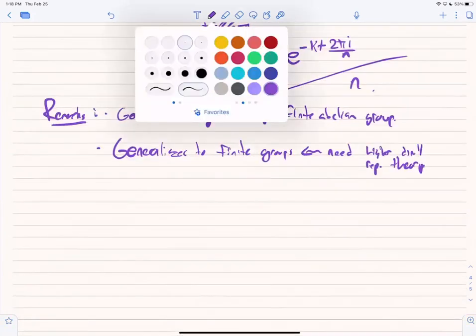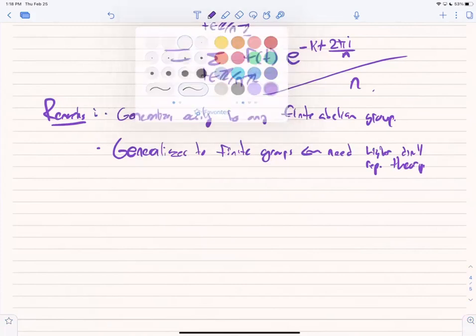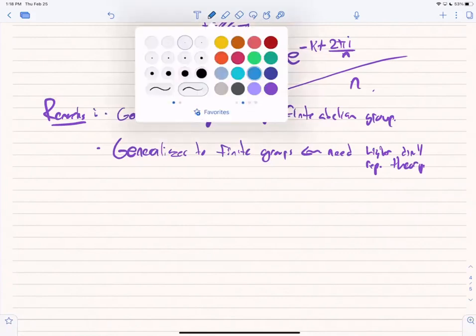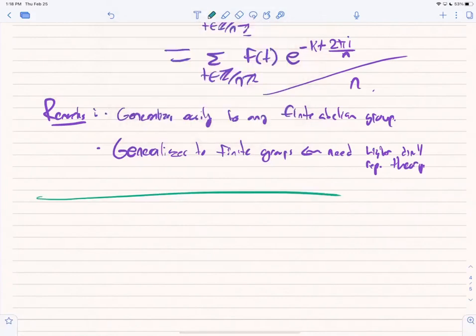Let me make one other observation that's related to an observation I made at the end about Fourier theory on S1 last time. The space of functions on Z mod NZ has an action of Z mod NZ.